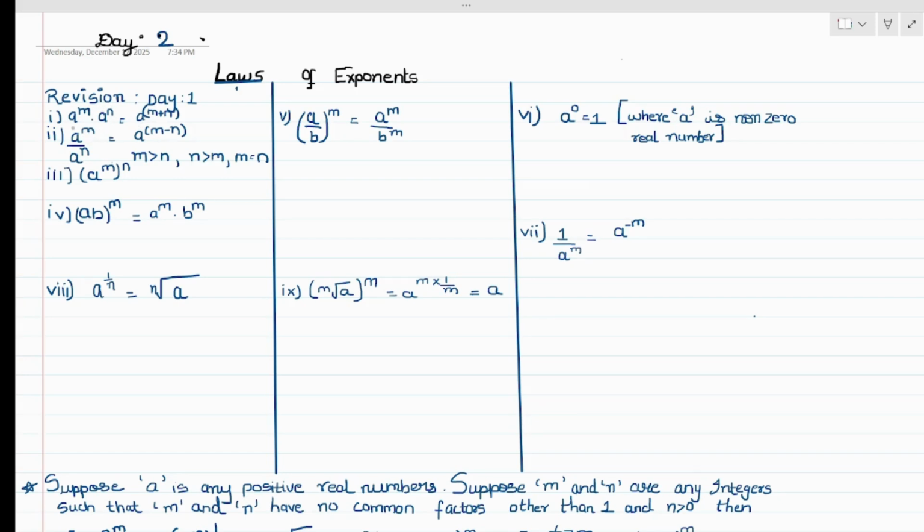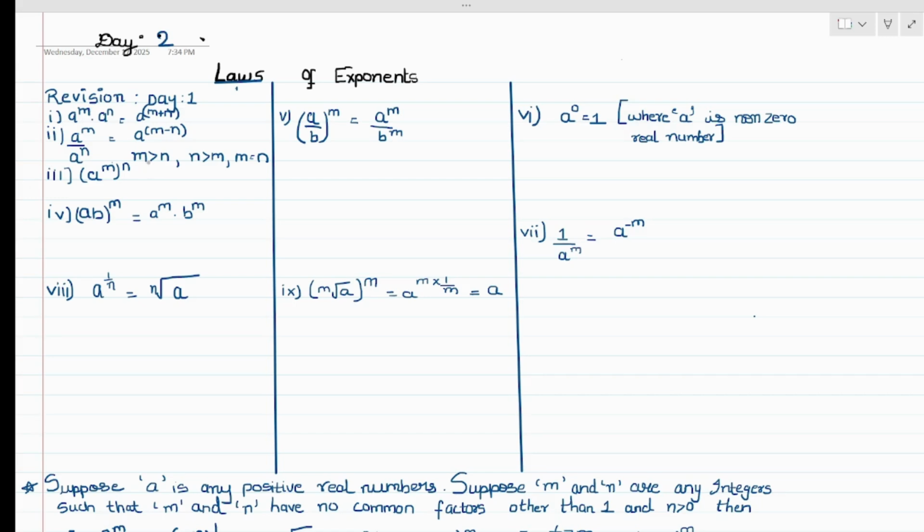When you are given the same base and your exponents are in multiplication, your exponents will get added. Same way, the second law says a^m upon a^n gives you a^(m-n). That means whenever rational number powers are in division format, your exponents get subtracted, and we saw three cases.